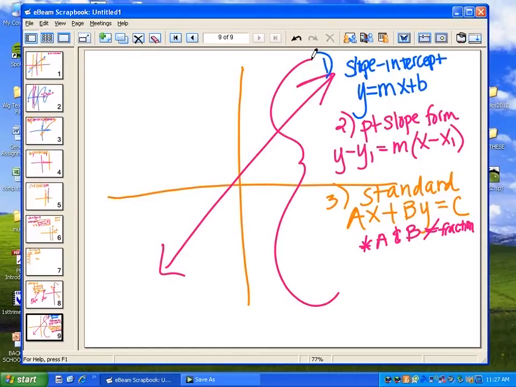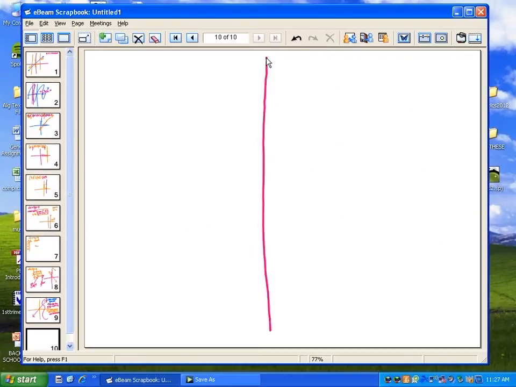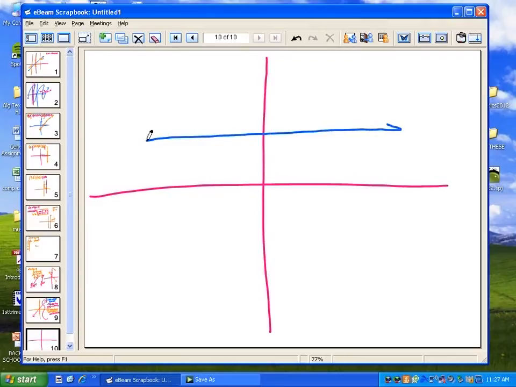Okay? Now I want to remind you, because we haven't talked about them a whole lot, my coordinate plane. This line has a name. How do you write the equation of that line, the blue one?